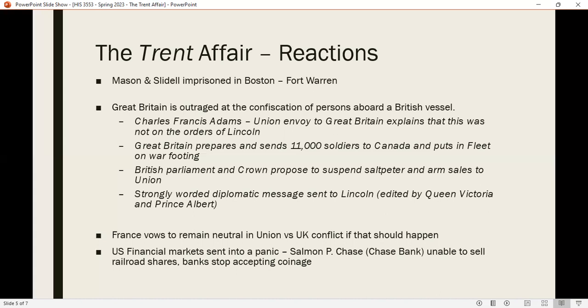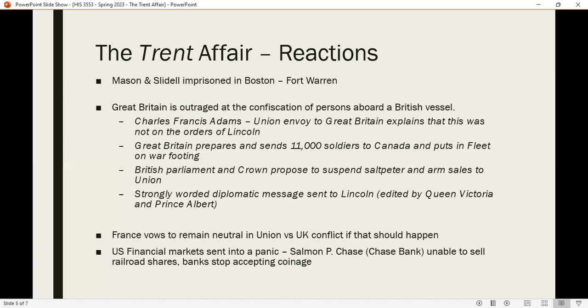In the end, the Parliament passes, and the Prime Minister sends a strongly worded diplomatic message to Lincoln. But first, it goes by Queen Victoria, and it actually gets edited by Prince Albert shortly before his death. And it basically says, hey, look, Union, you need to apologize, and you need to release those gentlemen. And if you do that, then we'll let this slide.